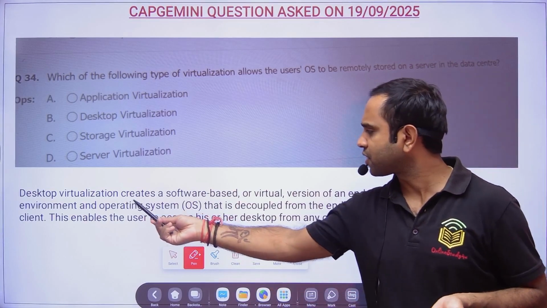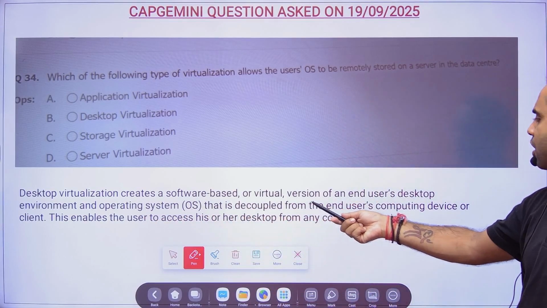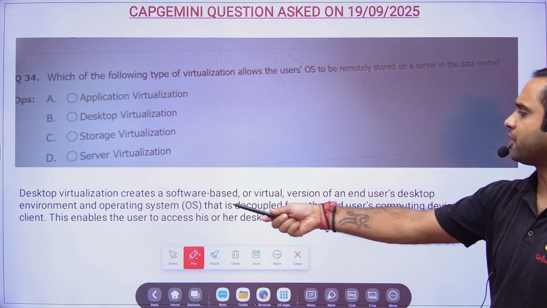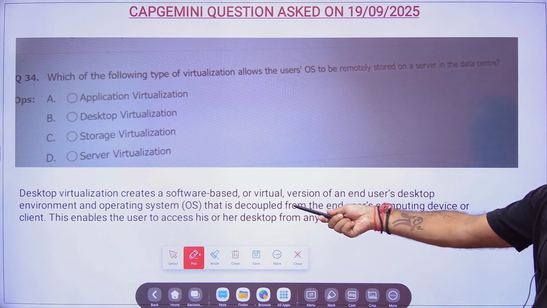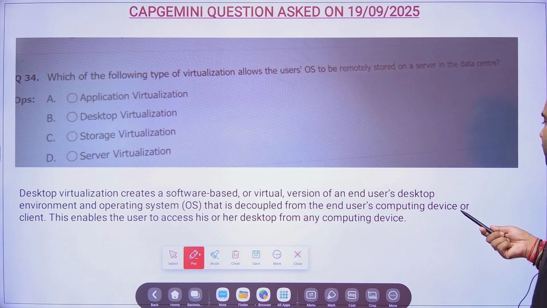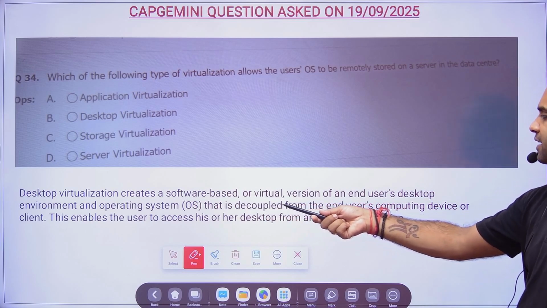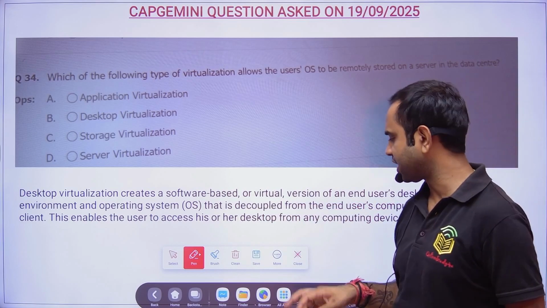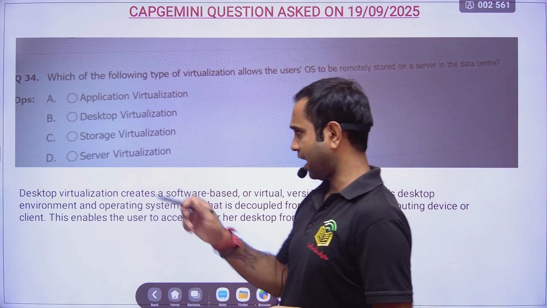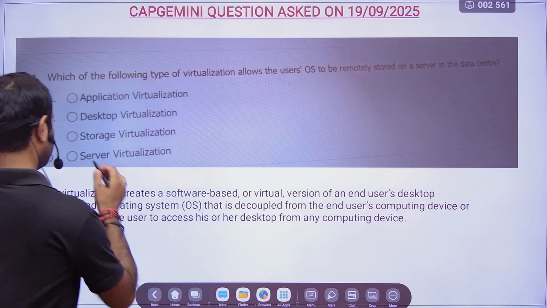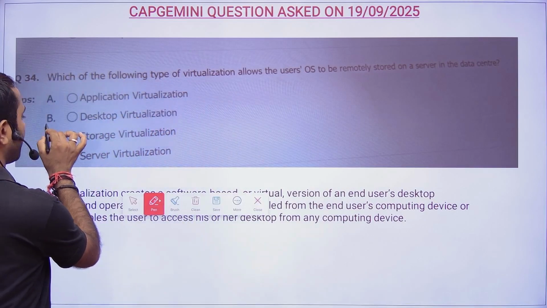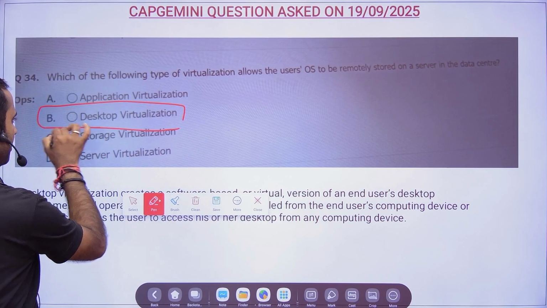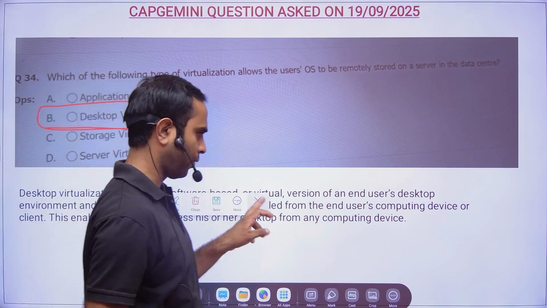Desktop virtualization creates a software-based or virtual version of an end user's desktop environment and operating system that is decoupled from the end user computing device or client. This enables the user to access his or her desktop from any computing device. So your answer will become desktop virtualization. Option B will be the correct answer for this particular problem.